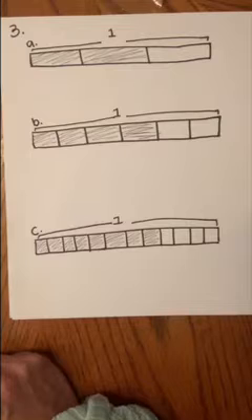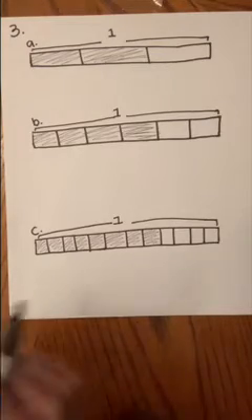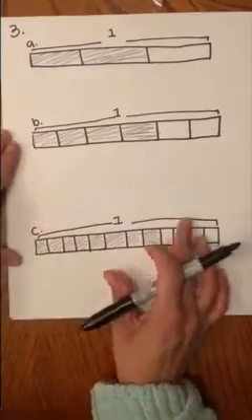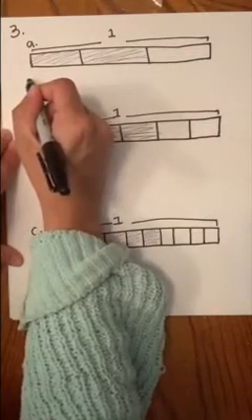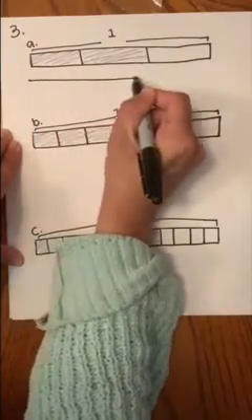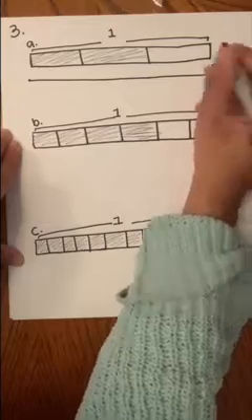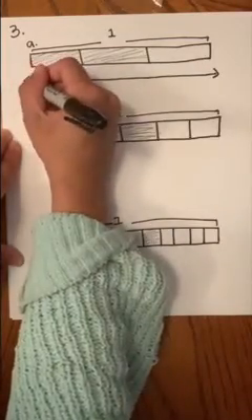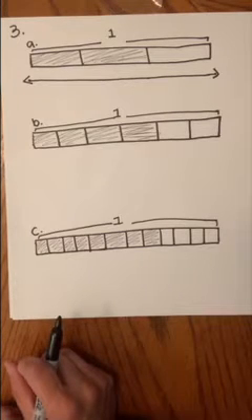Now, they want me to draw my own number line now. Okay, sure, let's do it. So I'm going to go ahead and draw my number line. I'm going to do an arrow here. And I'm going to do an arrow here. Good? Everyone with me?